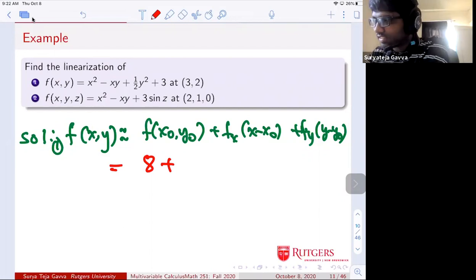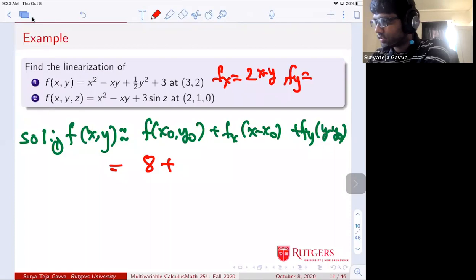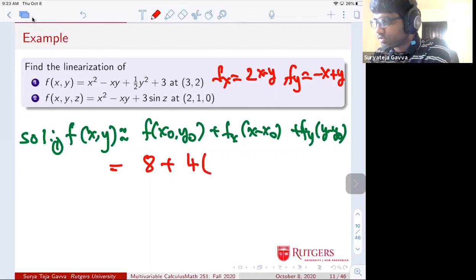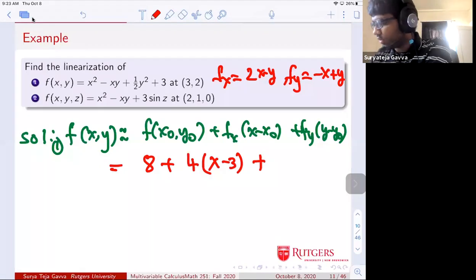Here fx turns out to be 2x minus y, and fy turns out to be minus x plus y. If I substitute 3 and 2, fx is 4, so this gives you 4 times x minus 3. Similarly, fy, if I substitute, is minus 1, times y minus 2. So that's the linearization.